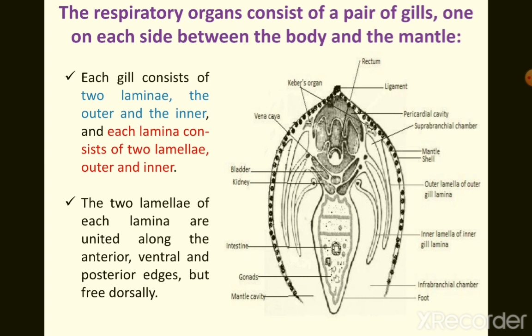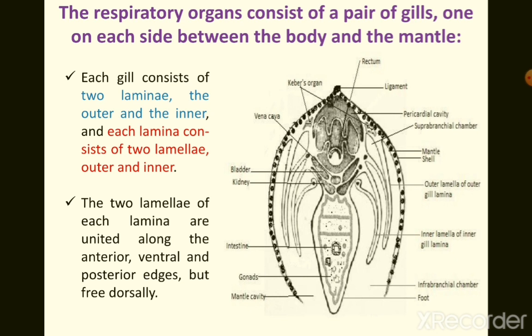Now if you look at the gills or the ctenidia, there is a single pair of elongated ctenidia or gills, one on each side of the foot. You know that in our earlier sessions when we discussed morphology, we said that when you open a shell, you first find the shell.